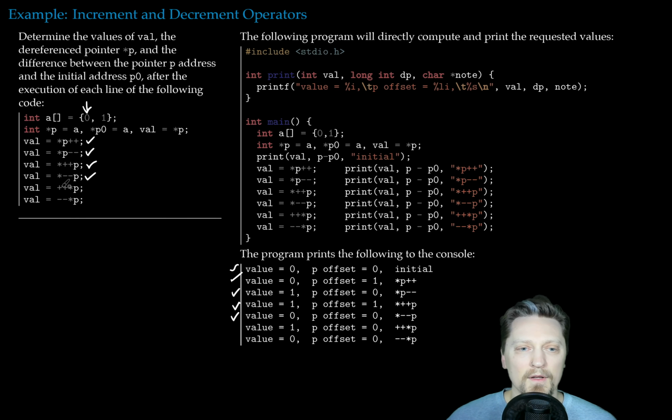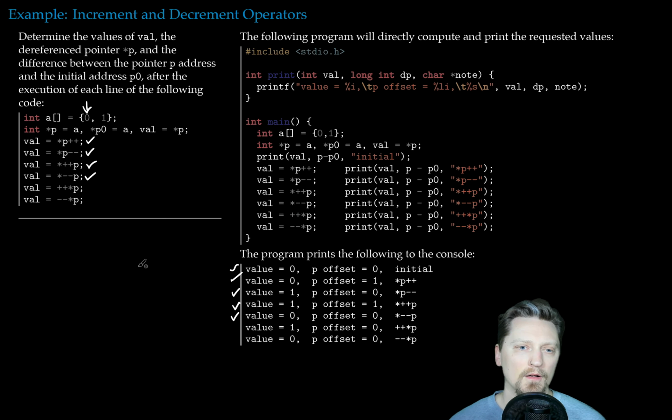So if we dereference P at this point, we're going to get 0, and then we're going to add 1 to it. So the value should be 0 plus 1, so 1. And the pointer never got changed. It never got operated on. So the pointer will stay right there. So we'll get a value of 1 and an offset of 0.